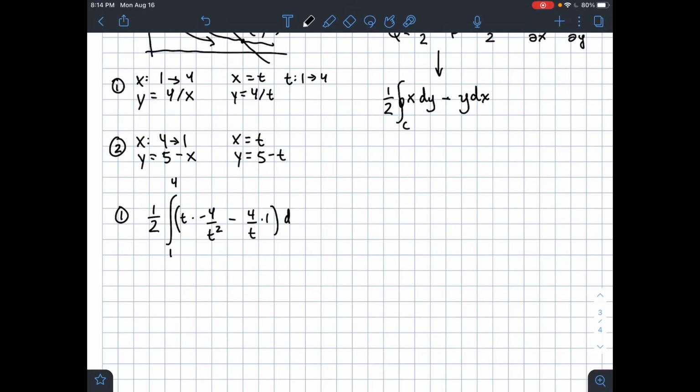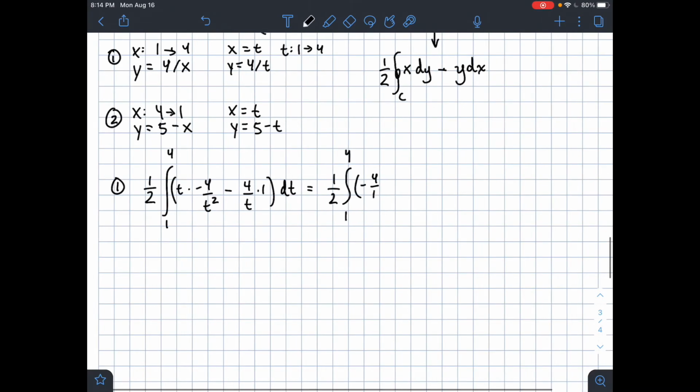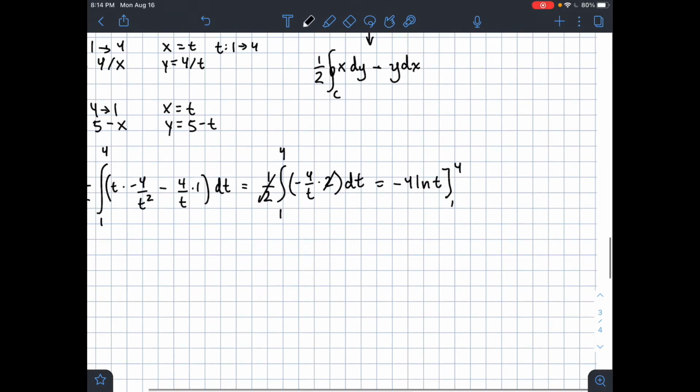And we integrate all of that with respect to t. And in doing so, let's simplify a little bit so we get half the integral from 1 to 4 of negative 4 over t times 2. So we can cancel out these, and we end up with negative 4 natural log of t from 1 to 4. And the result will be negative 4 log of 4.